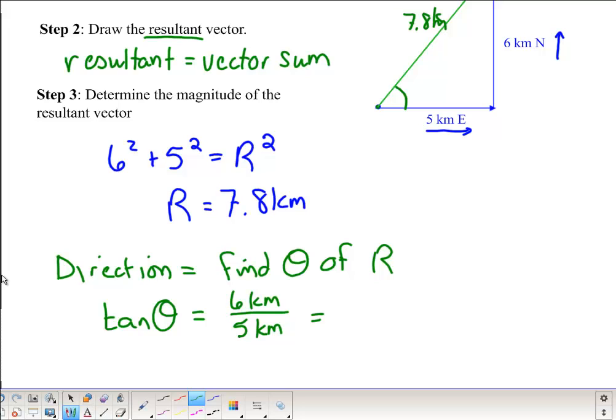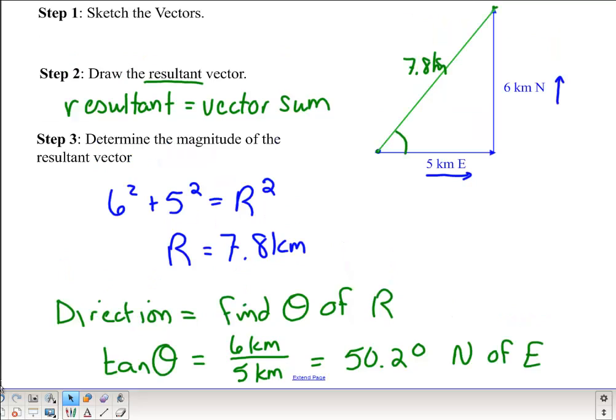So I find the value, take the inverse of that, and I find an angle of 50.2 degrees. So that is the direction, and I can't just leave it as an angle because 50.2 degrees could be anywhere. So in terms of my compass points, it's 50.2 degrees north of east. So my magnitude for my resultant vector is 7.8 kilometers. The direction it points is 50.2 degrees north of east.